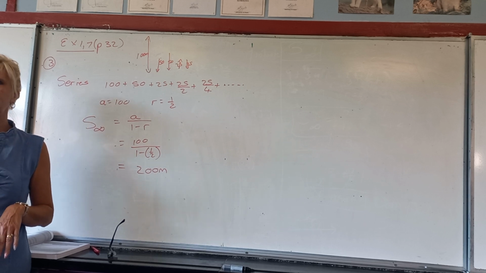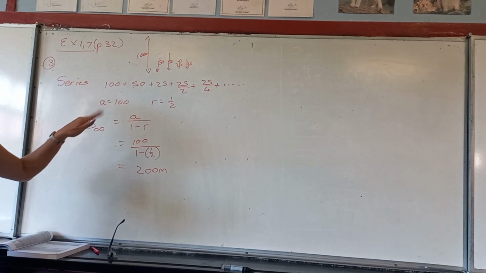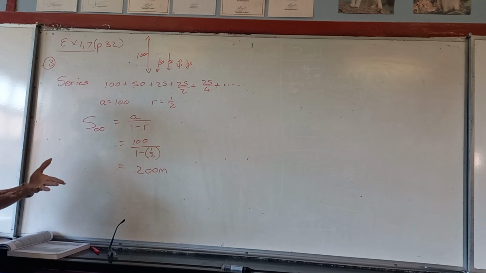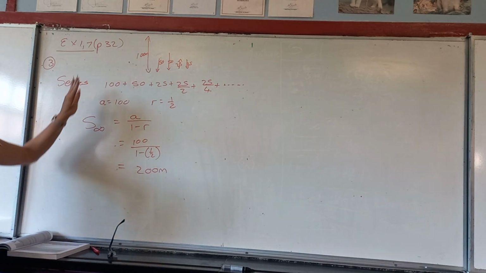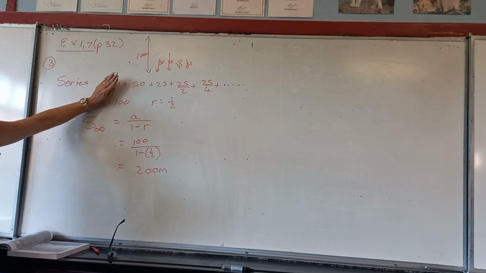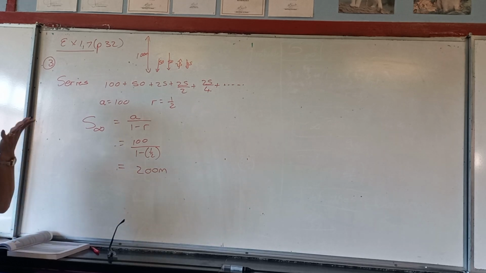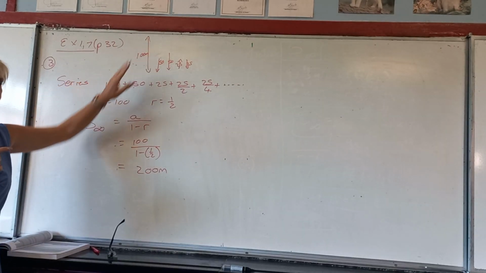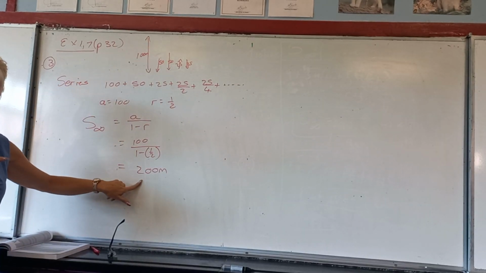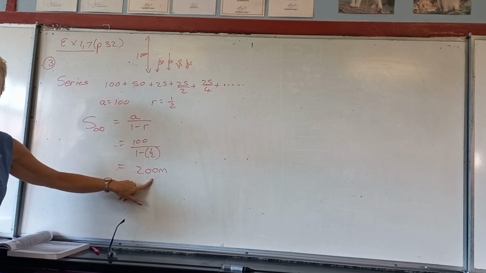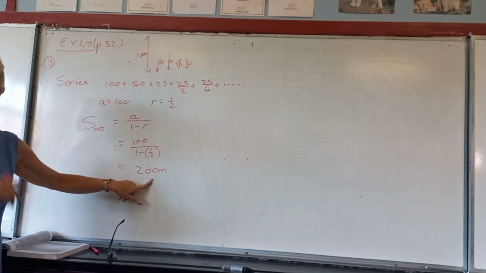We didn't count the up bounces. This was only downwards. So we've got to double it with a little bit of a twitch, but not the 100. Are you with me? This is downwards, but upwards there wasn't 100. So upwards, the sum of infinity would have been 100.